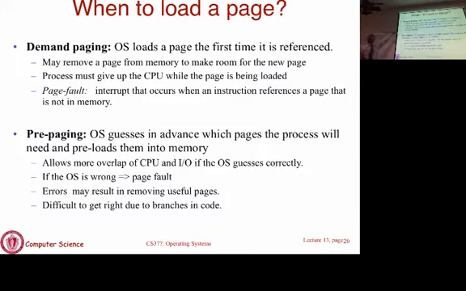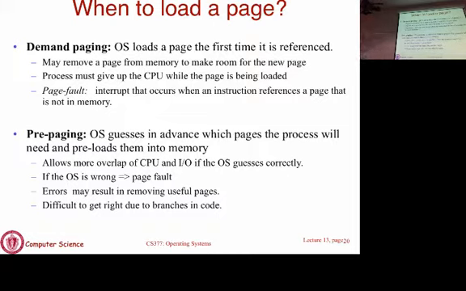So page fault is the most important concept to keep in mind. This is an interrupt that occurs when an instruction refers to a page that's not in memory. I said it causes a trap. Okay, the trap switches to the OS. The OS is told that the process is trying to access this page, go to disk and fetch it and bring it in memory and update the page tables. And until then, the process has to go and sit in the wait queue, waiting for its page to be fetched.